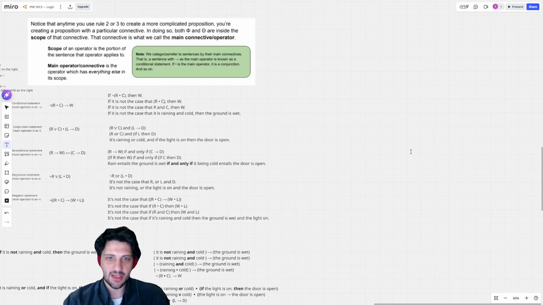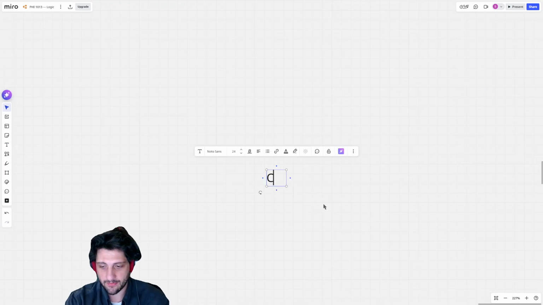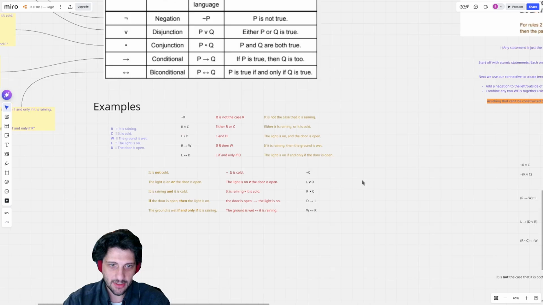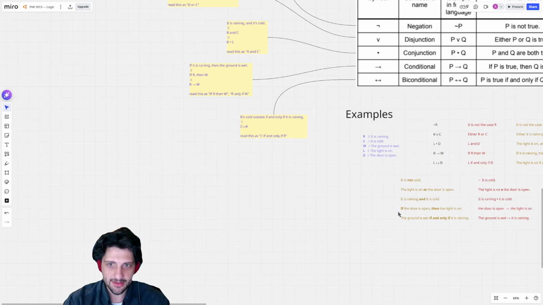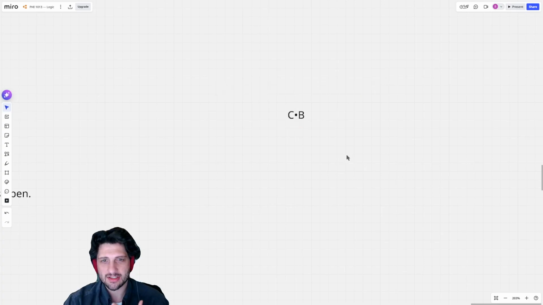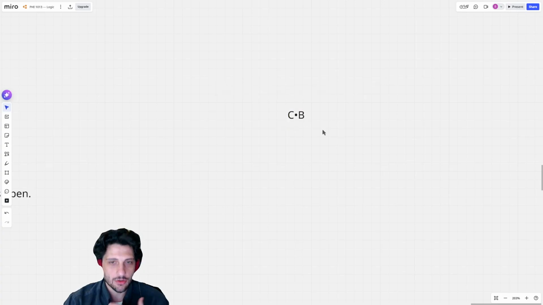If I give you a statement at this point, now that we've finished up with the 3rd week on formal language, if I gave you a statement like this, and I told you what C and B mean, like a word bank like this, and it's not second nature how to read this, let me put it this way: if you're having to check your notes to see, is this an or or an and, you definitely want to be spending some more time on this, right?